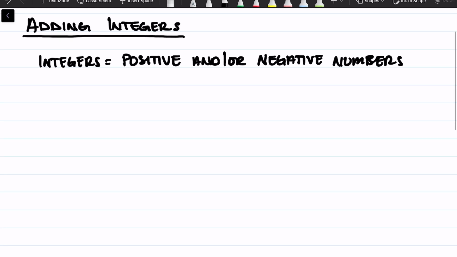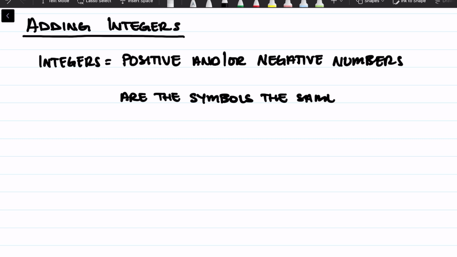So whenever you add integers, you have to look at a few things first, okay? So the first thing that you're going to look at is, are the symbols the same? So when we say symbols, we mean plus or minus.